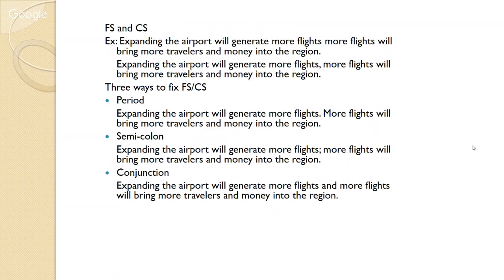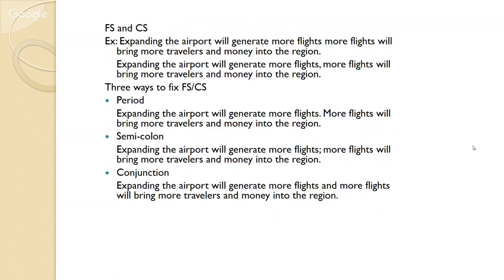And again, the rule for semicolons is that you use them to create compound sentences by combining a series of independent clauses. Expanding the airport will generate more flights; more flights will bring more travelers and money into the region. Personally, I like that because it gives a sense of balance. The second clause naturally completes the thought of the first one, and you're not using more words than you need.